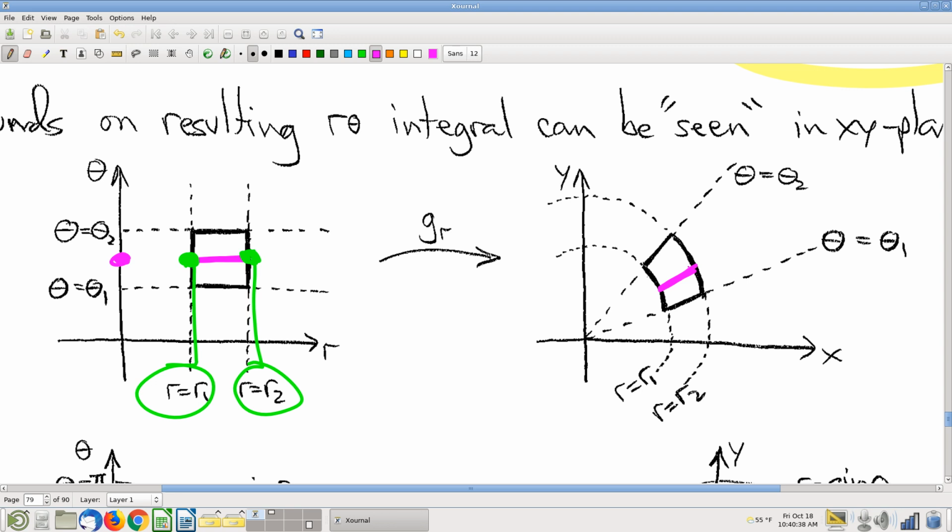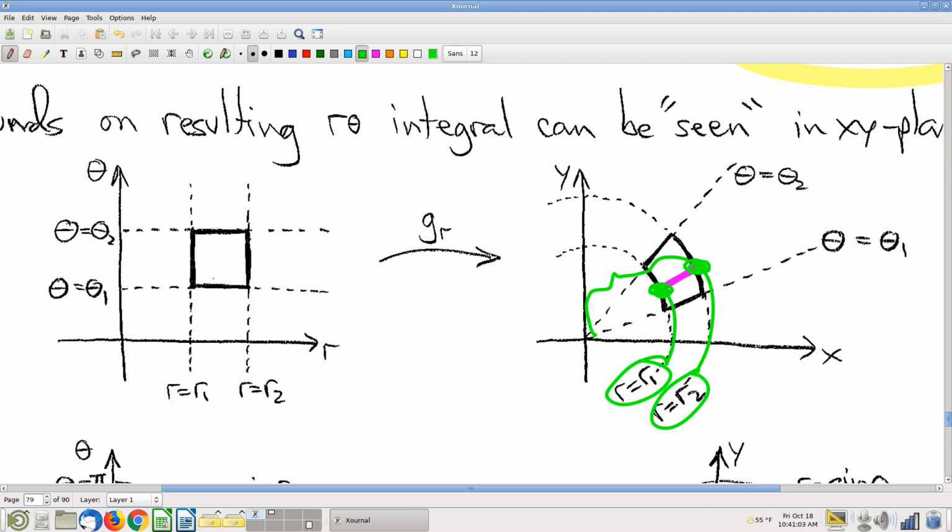There's that theta slice. That's just what it looks like in the XY plane, and it starts at that point for which there is an evident value of r. I just compute the distance to the origin. That's what that r is. And it ends here, and again, I can evidently see what that value of r is. Just compute that distance to the origin.